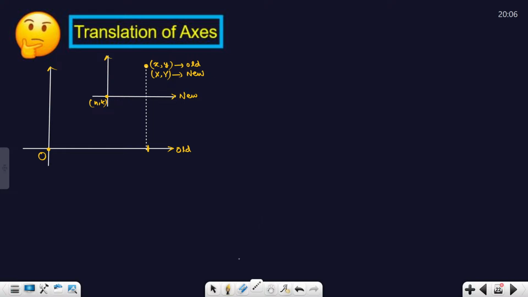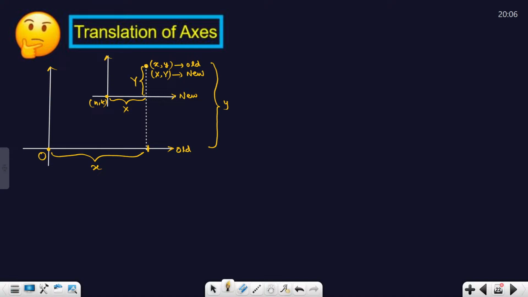This length is x, and this length is y. Now, with respect to the new coordinate system, this point is capital X, this length is capital X, and this length is capital Y.